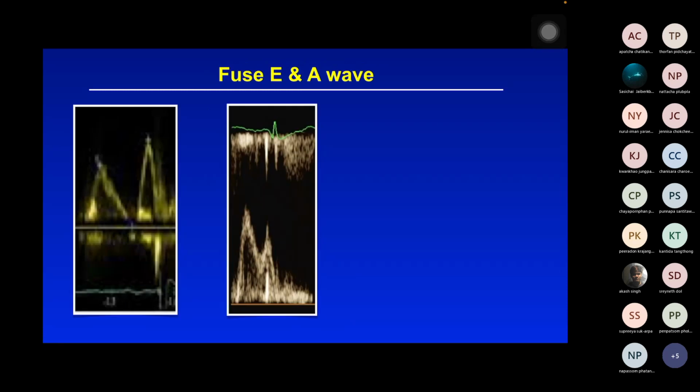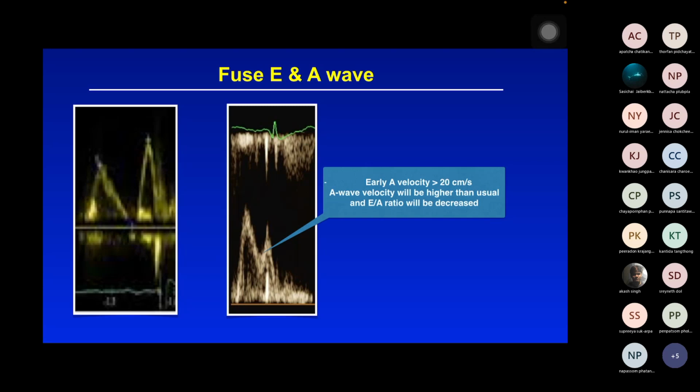The next one is the fused E and A wave. When you measure peak E and peak A velocity, if the initial A velocity is over 20 centimeters per second, you should adjust the sweep speed to separate the E and A waves.